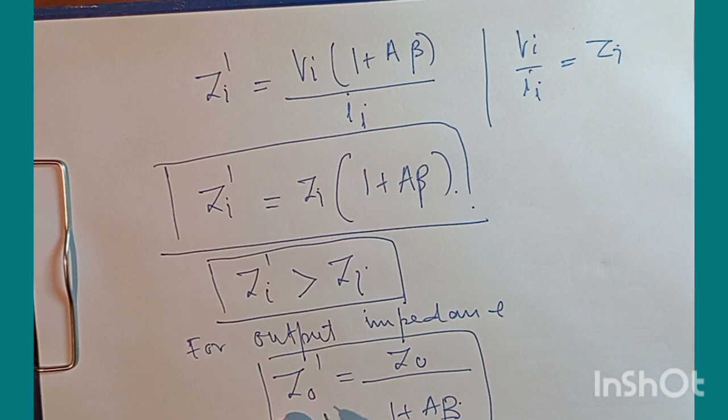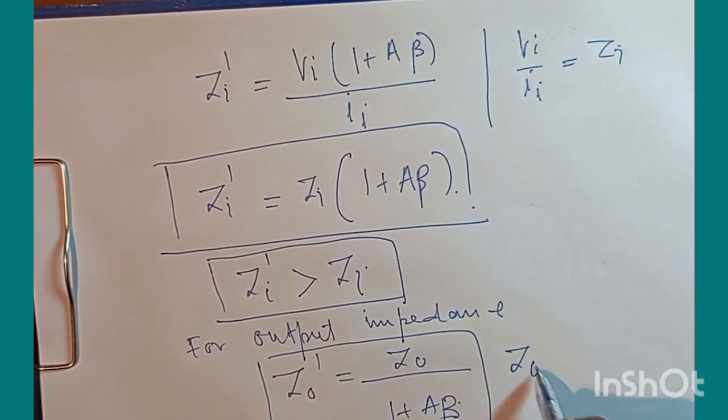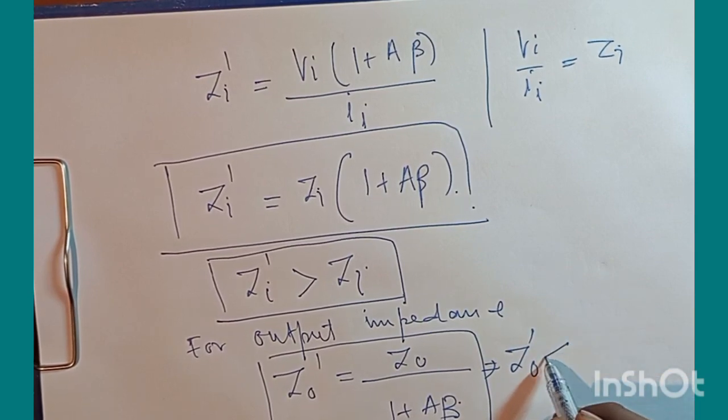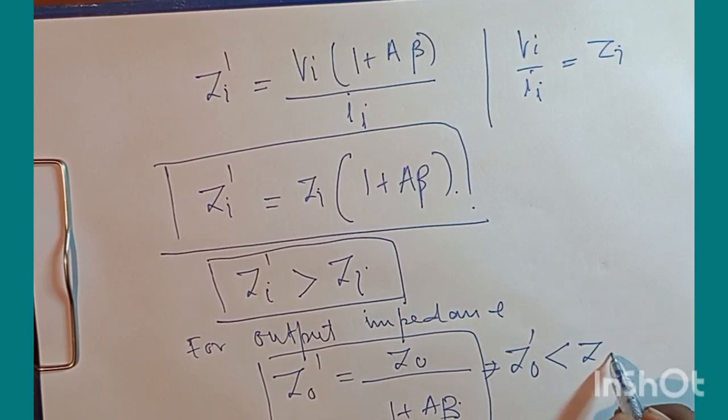So the output impedance in presence of feedback will be the output impedance in absence of feedback divided by some number. That implies that Zo dash will be less than Zo.